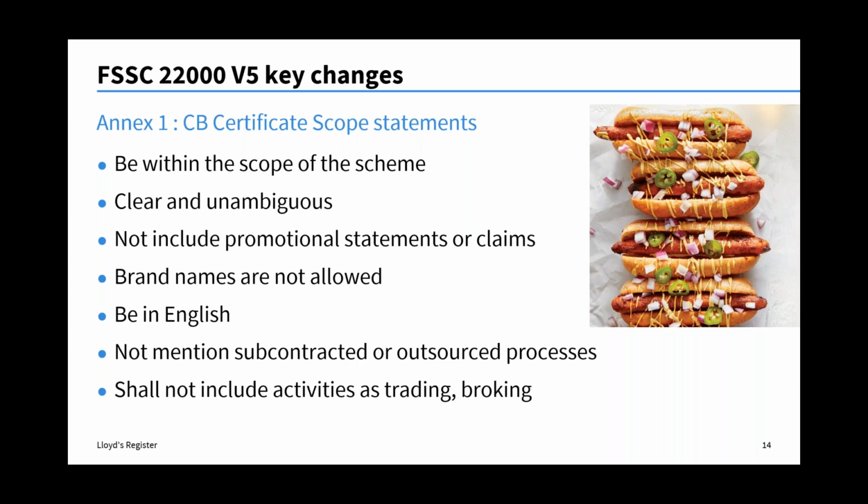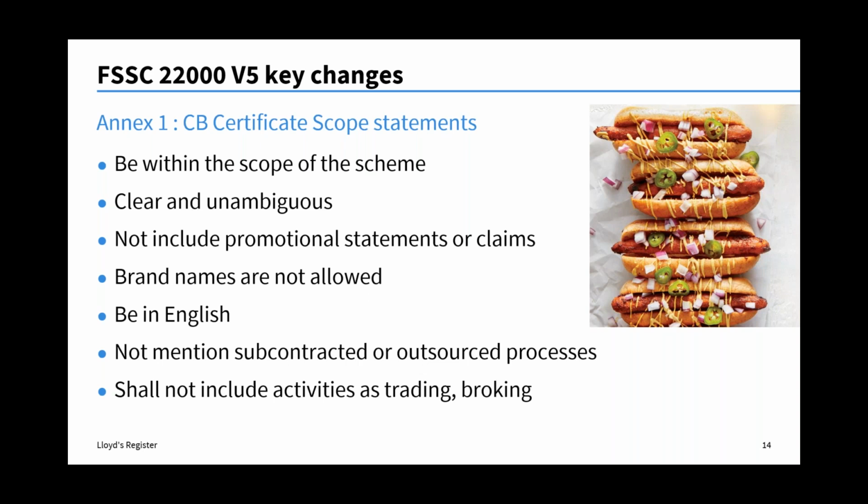So the scope should be within the scope of that scheme. The scope should be clearly and unambiguously describing the processes, activities, product types, or services that are supplied by the certified organization. The scope should not include any promotional statements or claims. Claims being any message or representation which is not mandatory under legislation and which suggests that the food or service has particular characteristics.